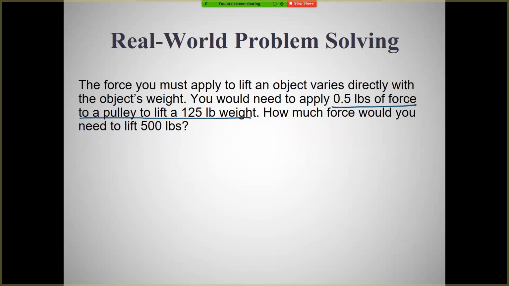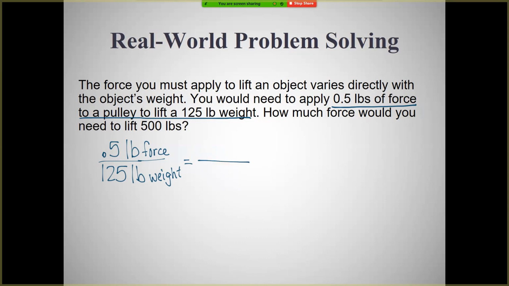Make sure if you label these, if I label them both pounds, I might get confused. So I'm going to label force and weight. So I have a 1/2 pound of force and 125 weight that I'm lifting.